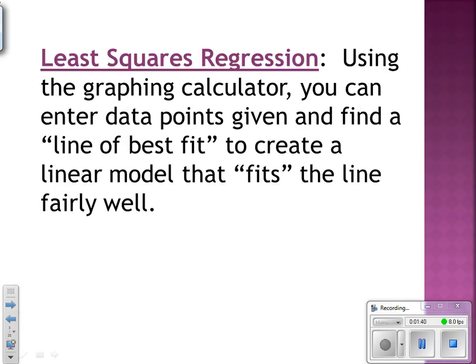Now there's a feature on your calculator that helps us come up with that line of best fit, more so than simply copying the scatter plot onto our paper and physically drawing a straight line centered through the data as best you can. It's called a least squares regression. If you don't have a graphing calculator at home, make sure that we go through these steps together because you should get to punch them in and use that feature just like anybody else who has the calculator at home.